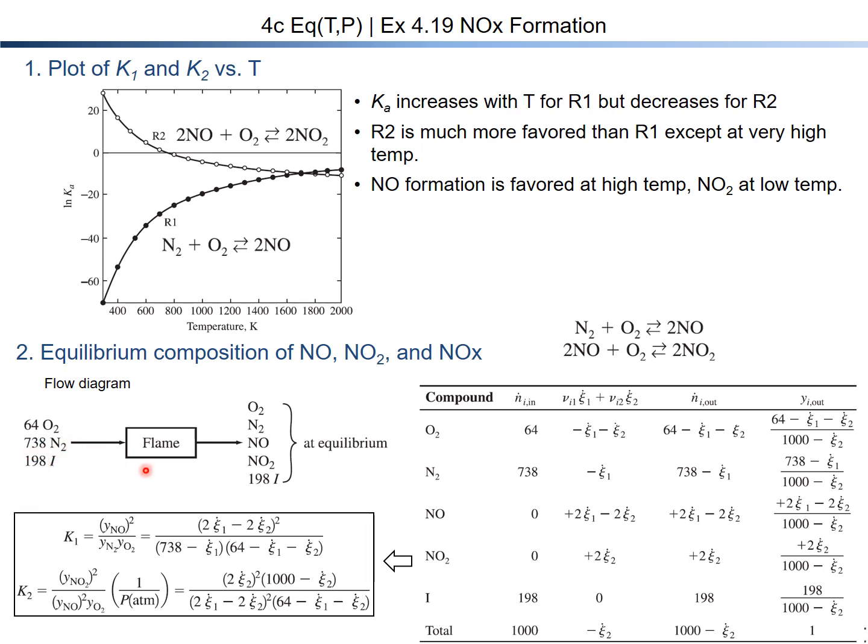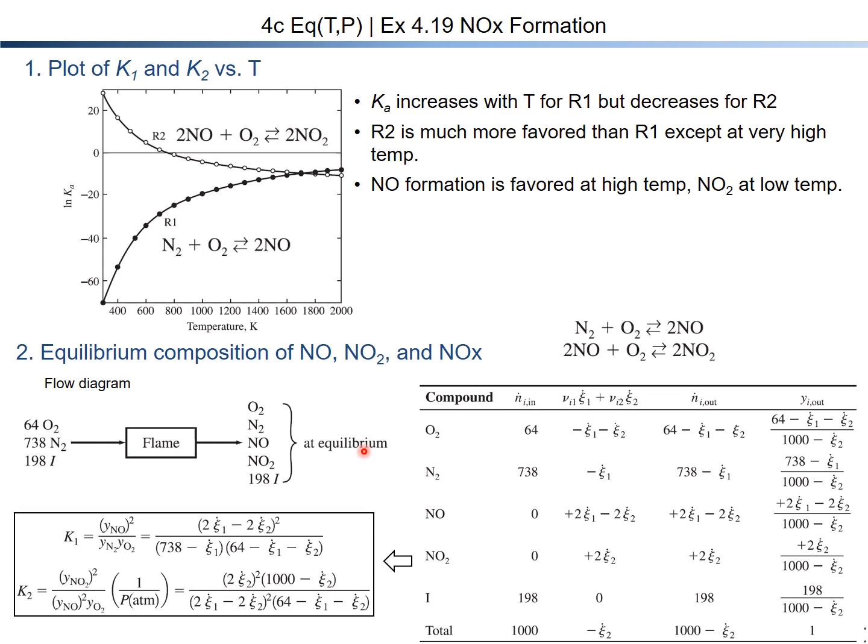After the flame, we have the unreacted oxygen and nitrogen with NO and NO2 plus some other things. Our assumption is that the composition of the exit stream is at equilibrium.